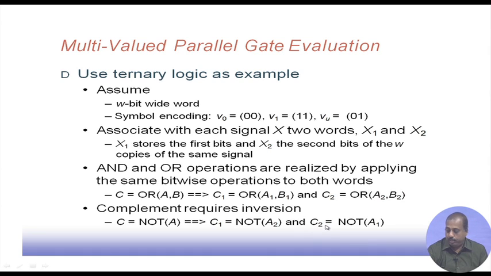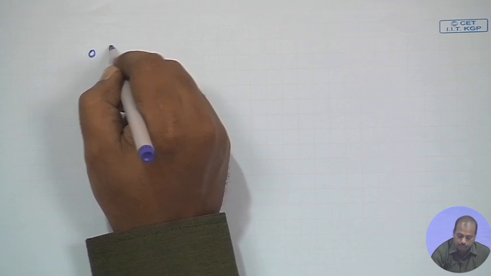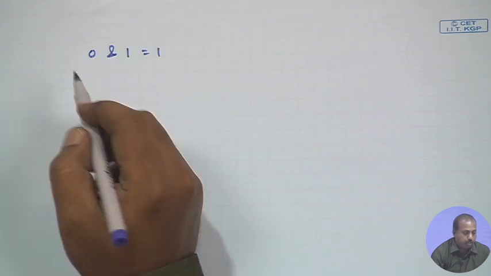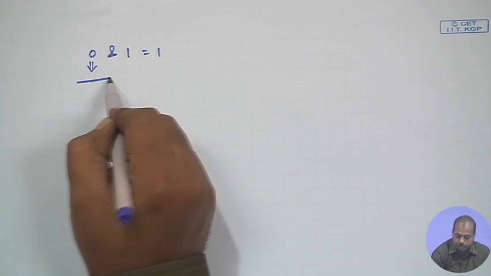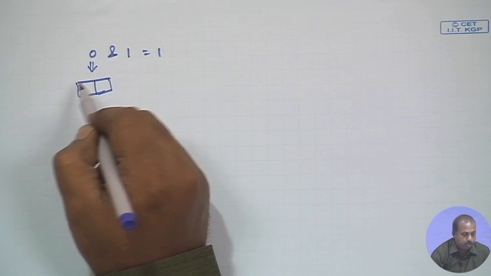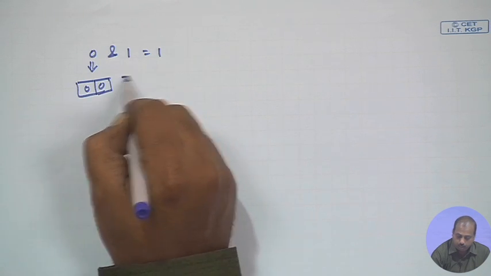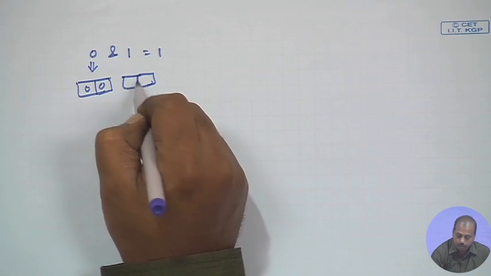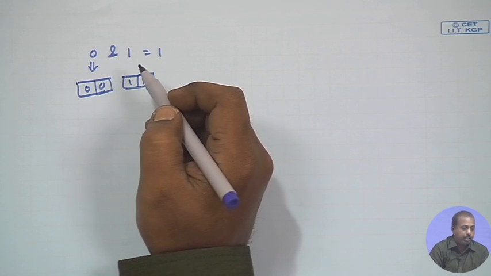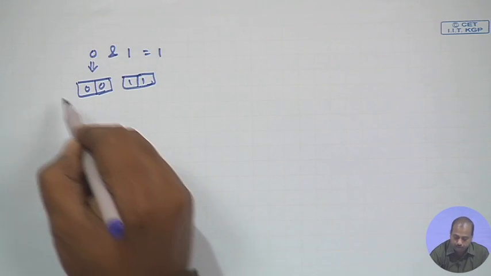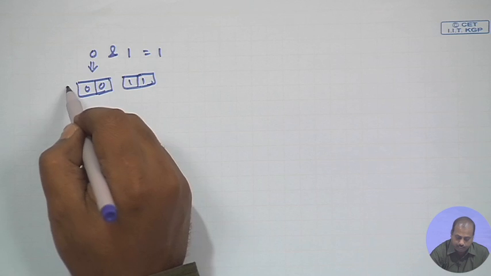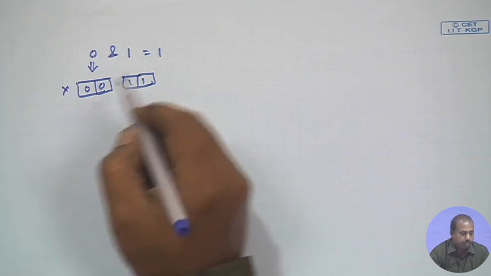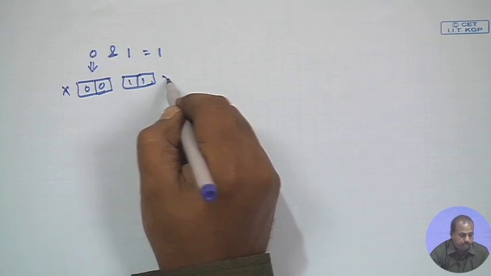Suppose I have one AND operation of 0 and 1. The result should be 0. Here 0 is represented by 2 bits, 0 0, and 1 is represented by 2 bits, 1 1. Say this is my x and this is my y.